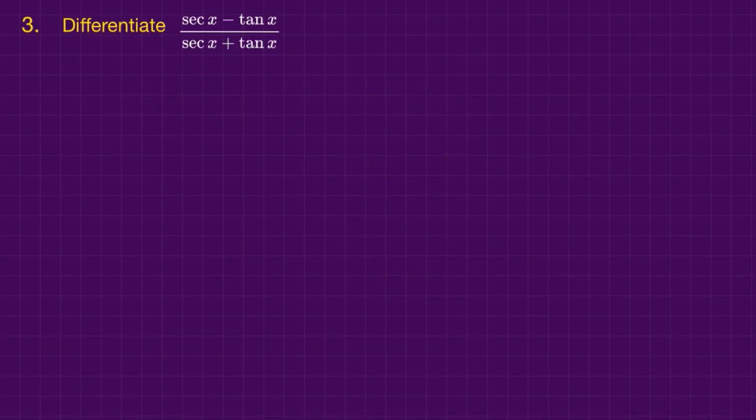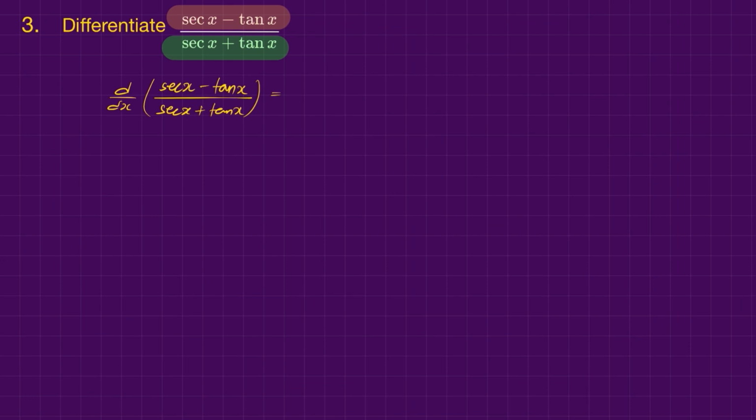Next, number 3, we have to differentiate sec x minus tan x over sec x plus tan x. So my numerator is sec x minus tan x and the denominator is sec x plus tan x. Using the quotient rule, let me write the denominator first.